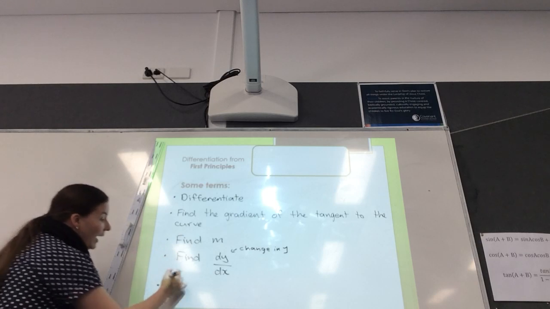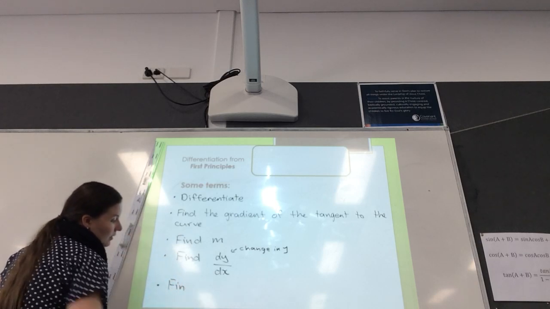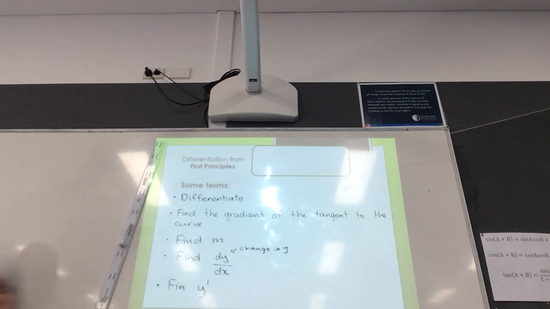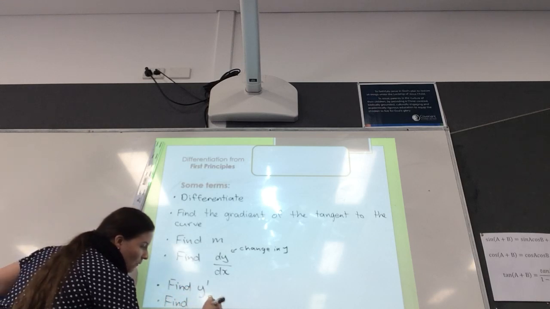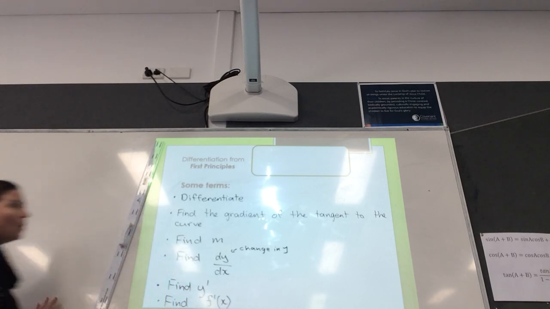So we might write it as find y dash. Means the same thing. We might write it as find f dash of x. All of these things are the same. The dash is the derivative.